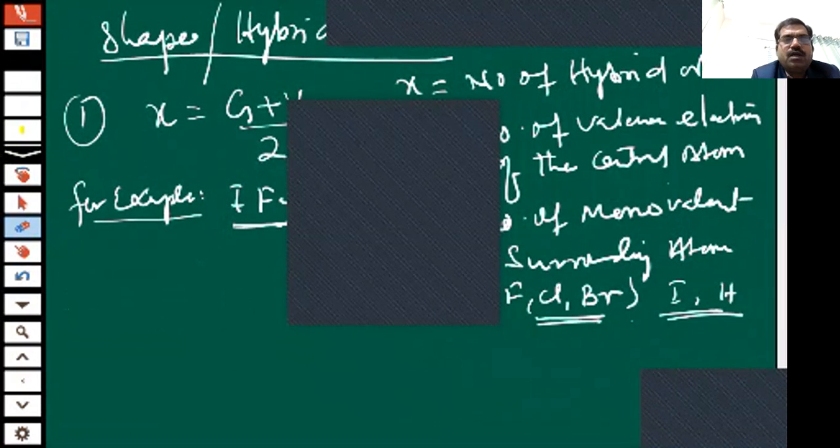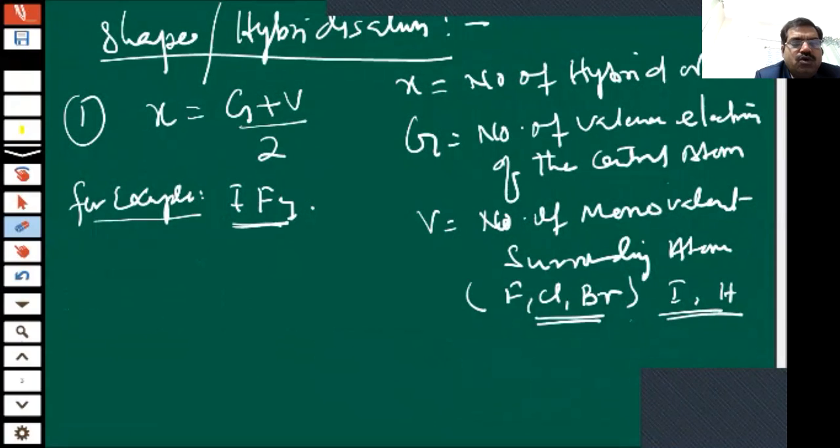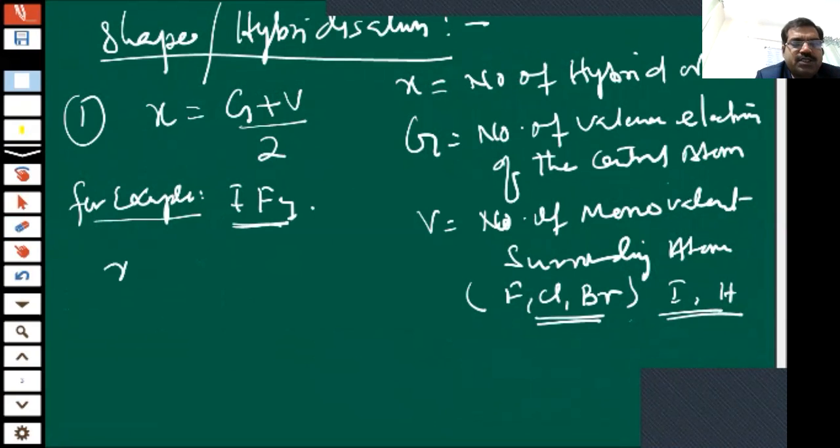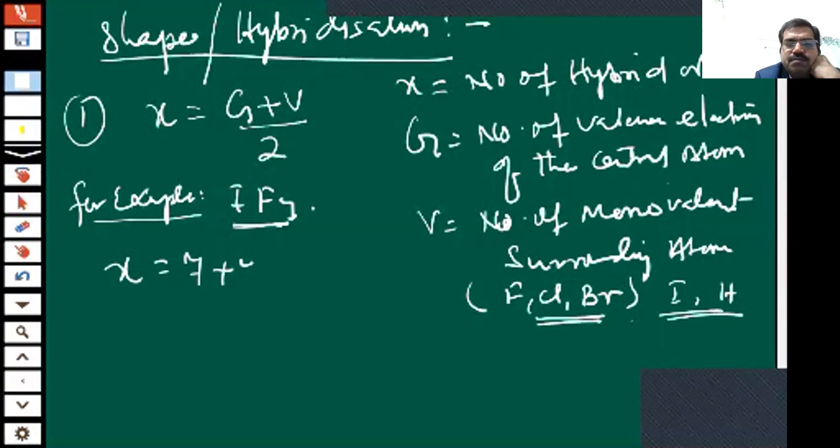Let us calculate. X equals: the central atom is iodine and its valence electrons are 7, plus the surrounding atoms, 7, divided by 2.